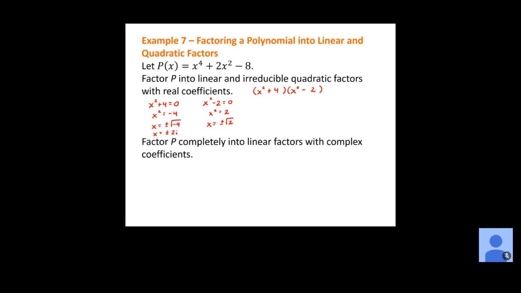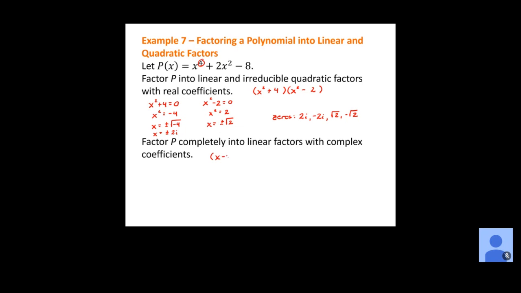So in terms of our zeros, if we wanted to list those out, our zeros are going to be 2i, negative 2i, square root of 2, and negative square root of 2, right? And remember, we had an x to the fourth power. That means we should have 4 zeros. Those are all 4 zeros of that polynomial. Now we can write the linear factors from those zeros.